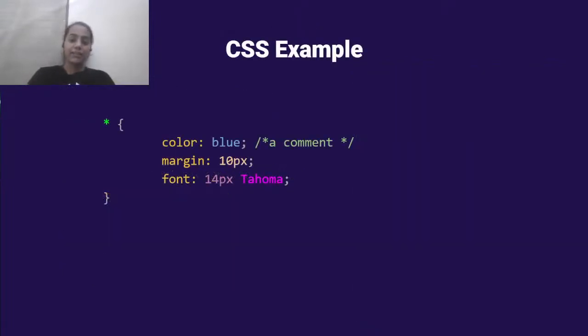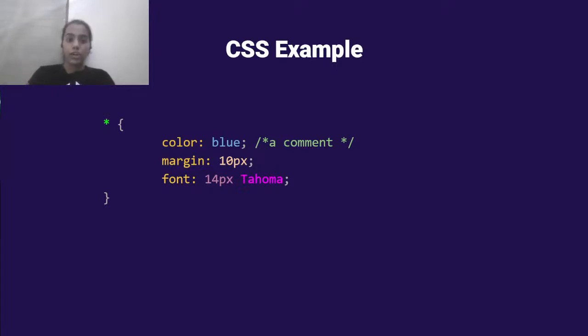Let us take a look at a CSS example. As you can see here, this rule will change all the tags in my website to look blue with font Tahoma with 14 px and leaving a margin of 10 px around.